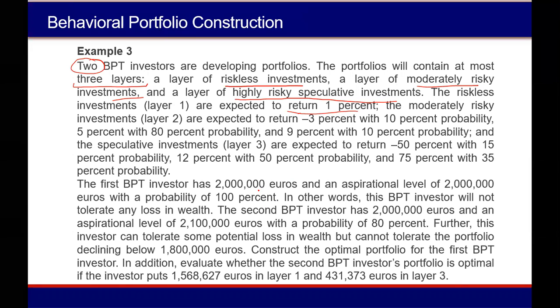It means that the first investor does not want to compromise any penny of his wealth. Whatever the capital gain or capital loss or outcome is, he always tries to maintain his 2 million principal investment. He does not want to lose any of it.